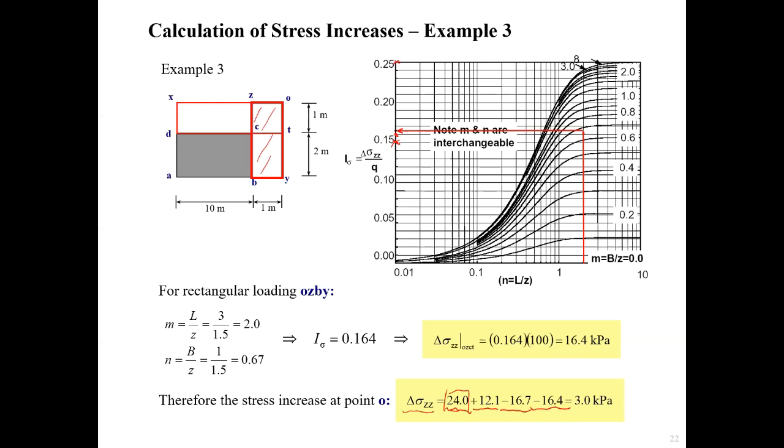Obviously it's roughly in the middle of 0.16 and 0.17. So that's 0.164. But if you take 0.163 or 0.166 or 0.167, that's all fine, because we can't be that accurate with our naked eyes.